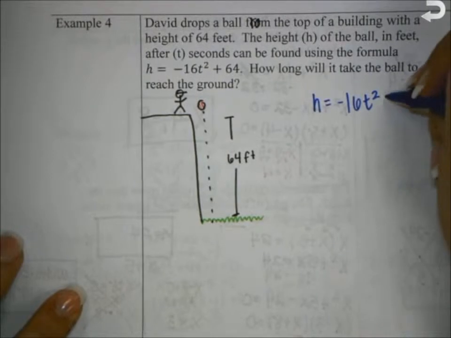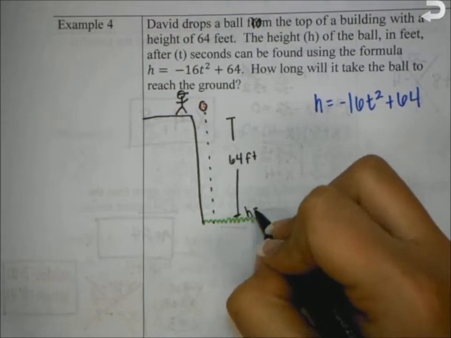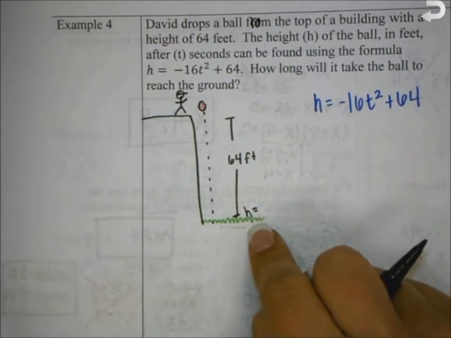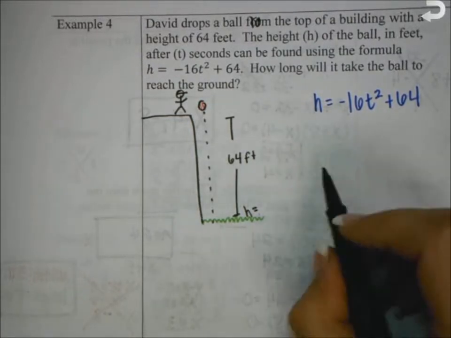Let's think about this really quick. If the ball hits the ground, what's h at the ground? Ground level, what would the height be? 0. At the ground, do we have any height? No, we're at 0. So what do you think I have to do in this problem?